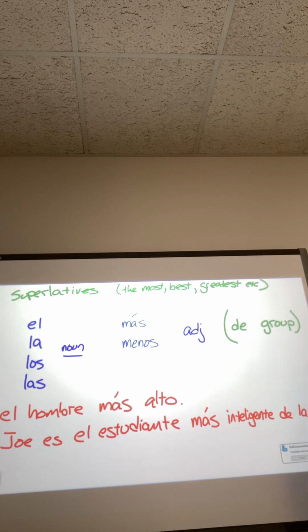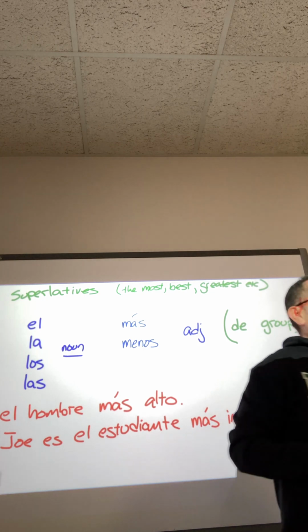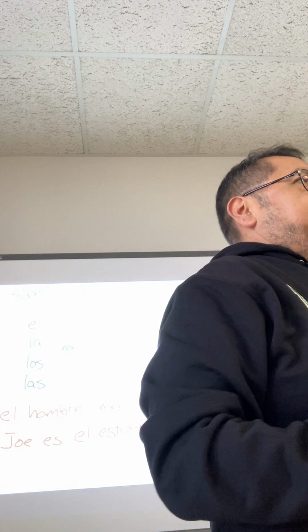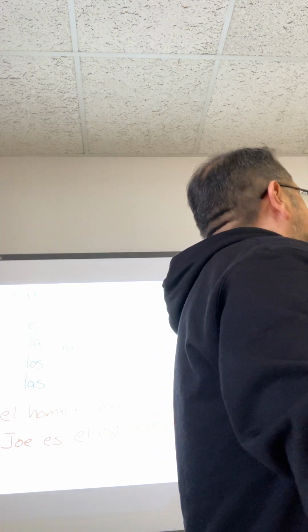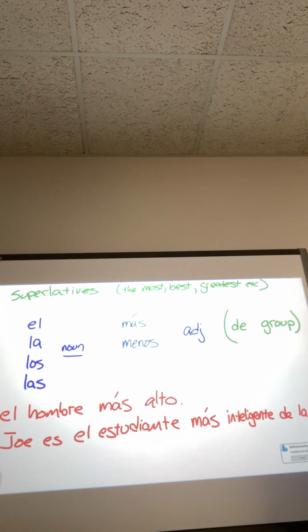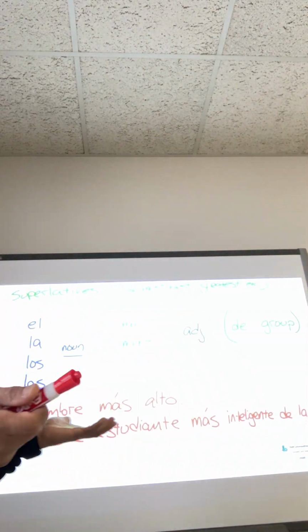So, estudio tanto como Dale. Let's go with you. I study just as much as Dale does. We do the same amount of action. Let's see. Joe trabaja tanto como Juan. Joe works just as much as John.